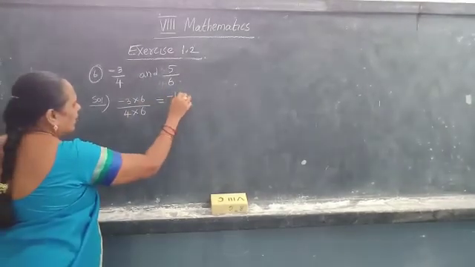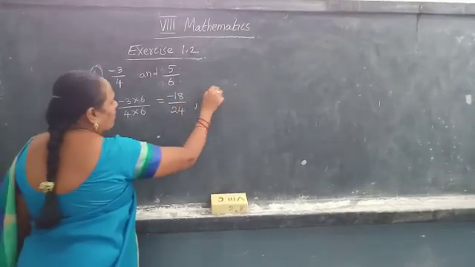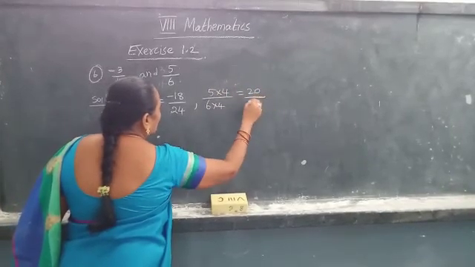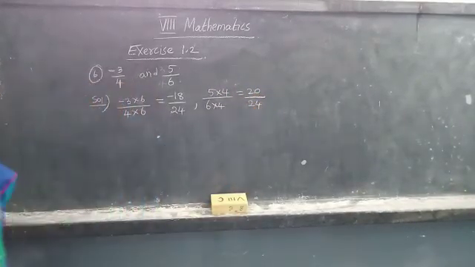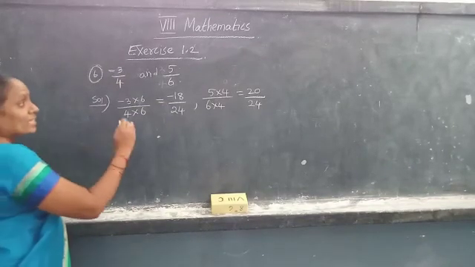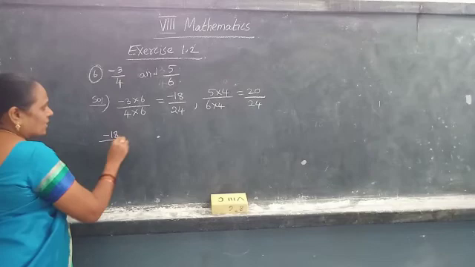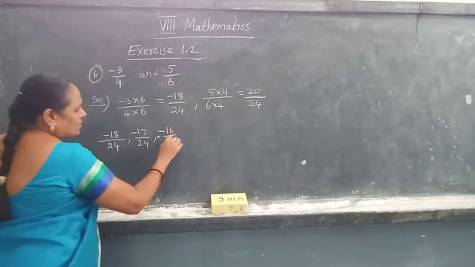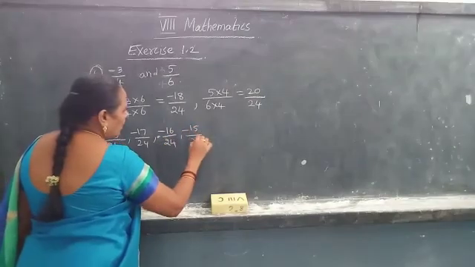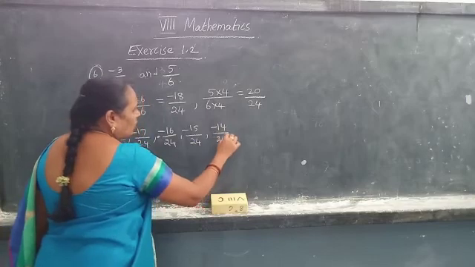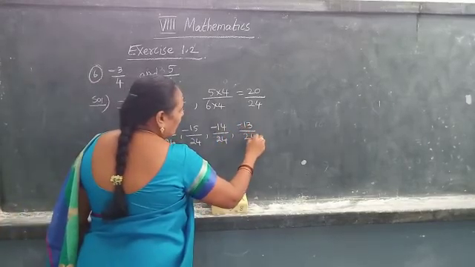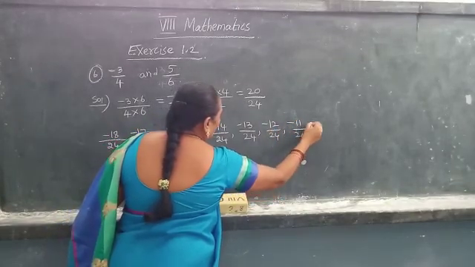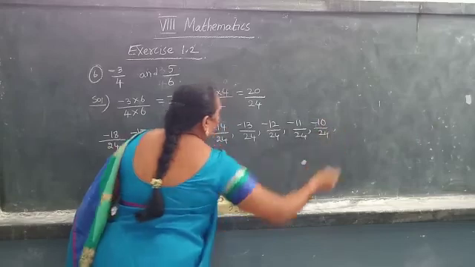What will you get? -18 by 24, and 5 by 6 can be multiplied with 4 and 4. 5 4s are 20, 6 4s are 24. So what numbers will you get between -18 and 20? -18 by 24, -17 by 24, -16 by 24, -15 by 24, -14 by 24, -13 by 24, -12 by 24, -11 by 24, -10 by 24 and so on.